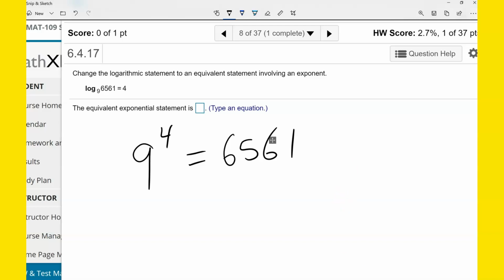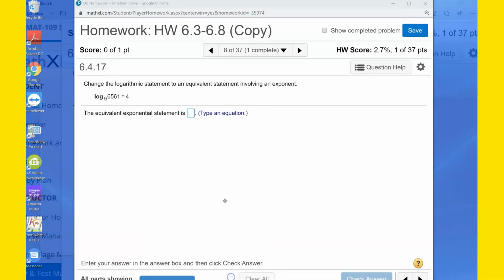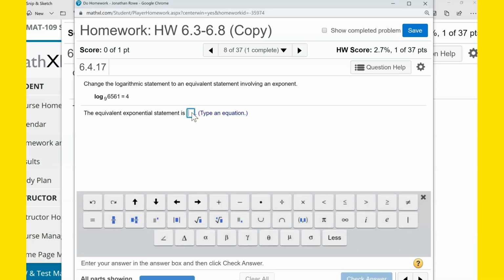So let me go type that in to show you a little shortcut about how to type that in. We can say 9, and then if you do the little caret, the little rooftop button, which on my keyboard is Shift 6, the alternate thing I can do for the 6 button, it gives me the superscript function. So it lets me type in an exponent.